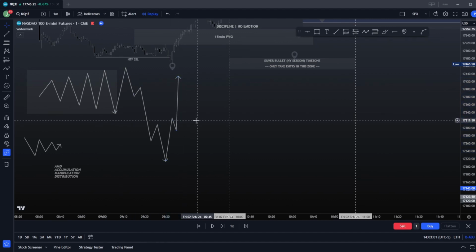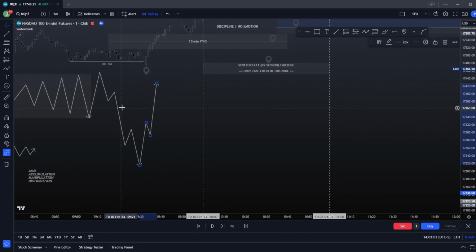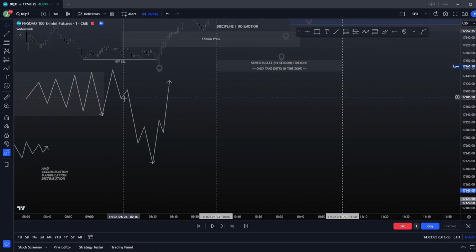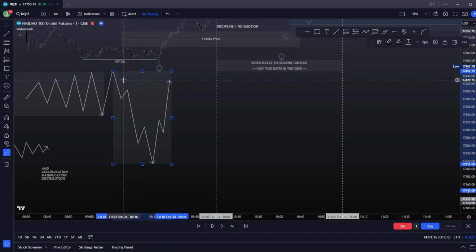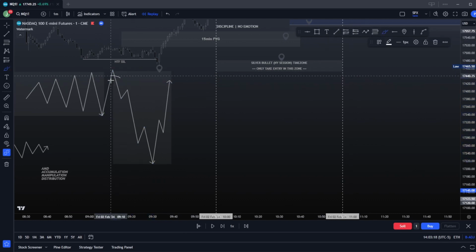But you'll notice that price does, this is a form of, if you really think about it, consider this an entire wick on a higher time frame. You had maybe open was somewhere up here.